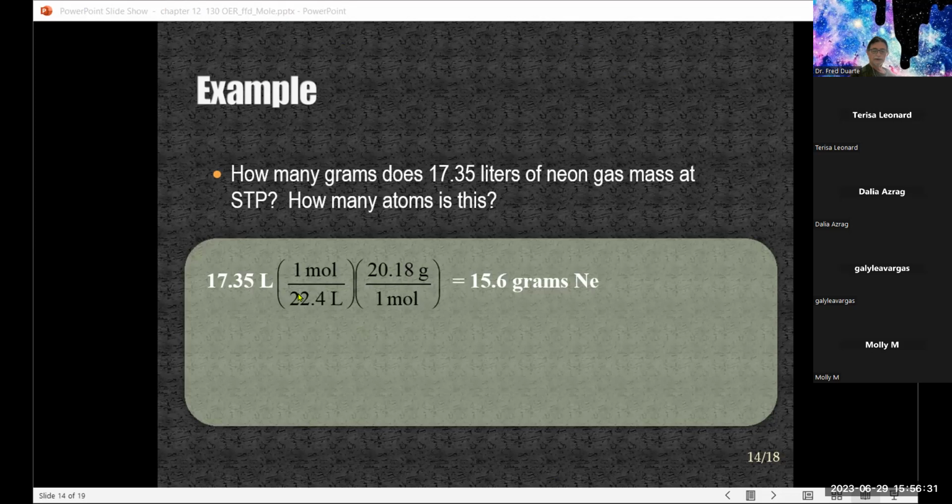Notice that liters cancel out, leaving us with moles. And then the second factor is the atomic weight of neon gas, which we get from the periodic table, 20.18 grams per mole.